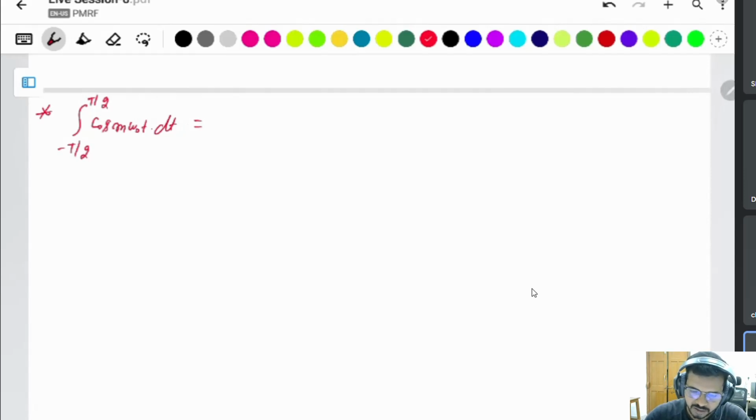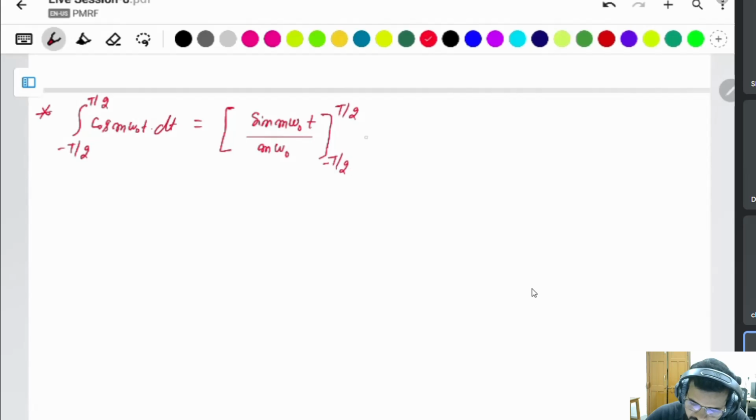We know very well that the integration of cosine is sine of m omega naught t divided by m omega naught, with upper limit T by 2 and lower limit minus T by 2. Omega naught is common.